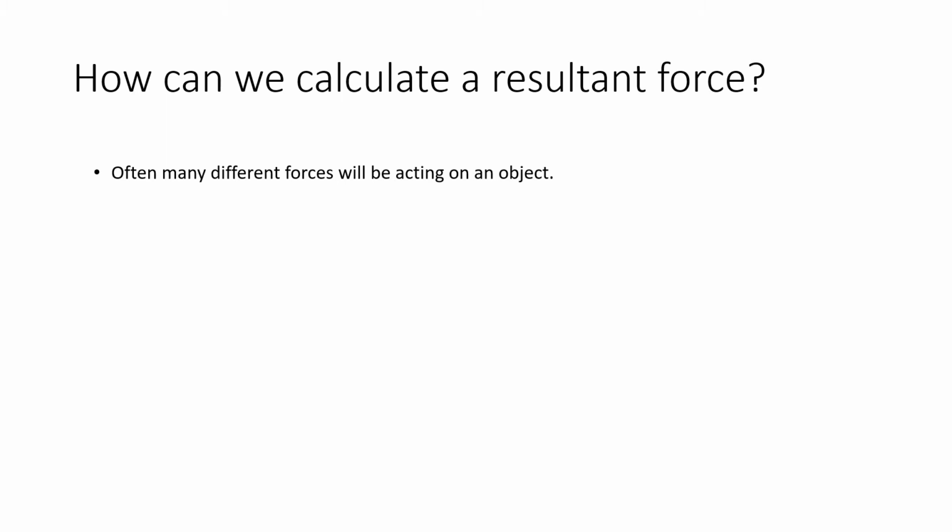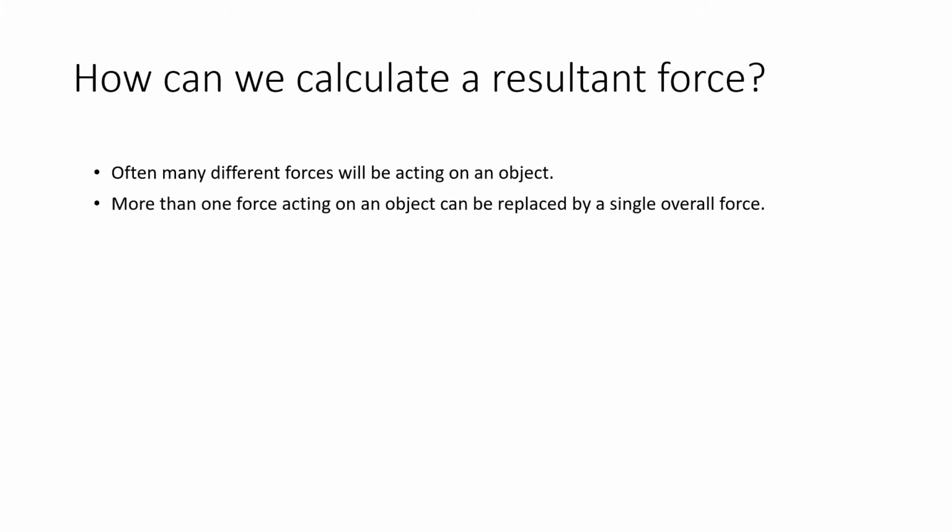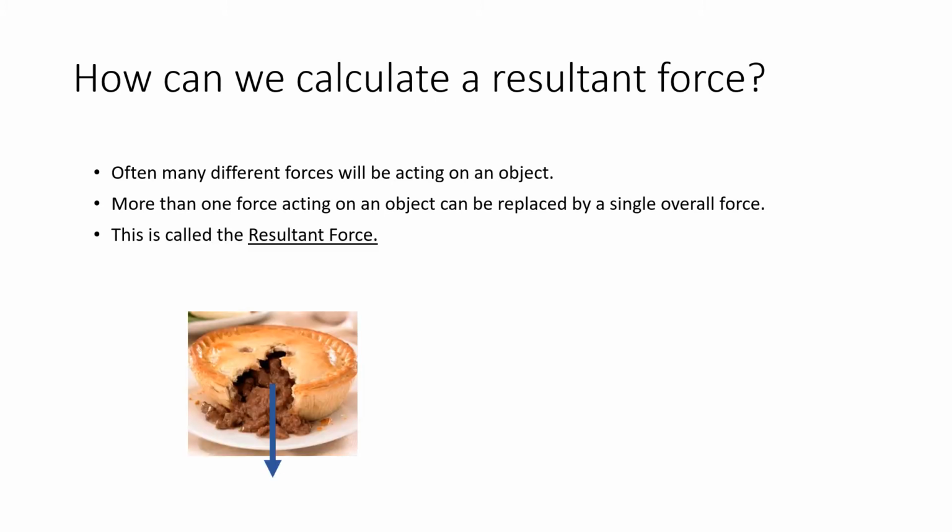So, a resultant force. If you have more than one force acting upon an object, which you usually will, we can calculate the resultant force, the result of all those forces acting upon that object. We can replace all the forces acting upon that object with the resultant force. For example, this pie on the plate has a downward force and an upward force.